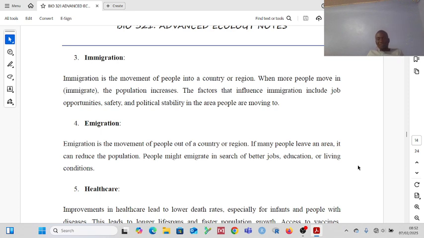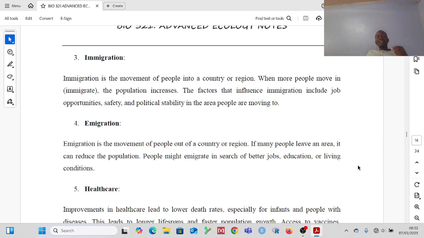People move from the rural areas to urban areas in search of job opportunities. Currently, we have the crisis in DRC. People are moving from DRC to a different place. So political stability, job opportunities, and general safety will make people move.